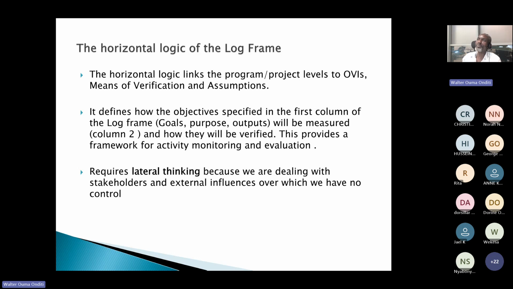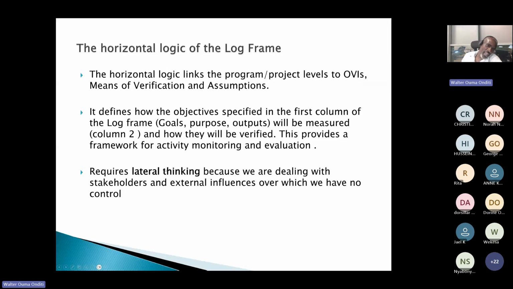That is basically what we simply talk about, means of verification and assumptions. So think of that, the indicator itself, and then means of verification and the assumptions. So that is the matrix going that way. It defines how the objectives specified in the first column of the log frame, goal, purpose, output, will be measured, column 2, and how they will be verified. This provides a framework for activity monitoring and evaluation.